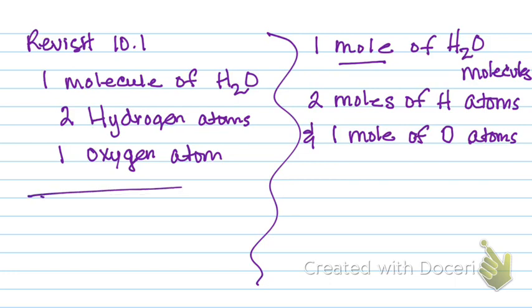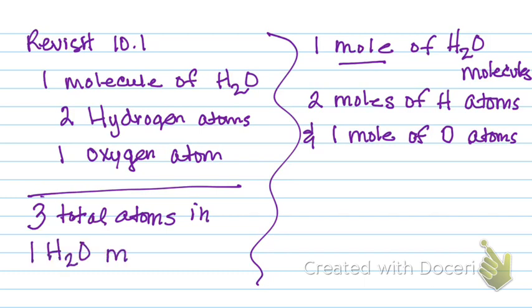Now, let's go back to this first side here. How many total atoms do I have in 1 molecule? I have 3 total atoms. That doesn't look like a 3. I'm going to fix that. Okay, so I have 3 total atoms in 1 H2O molecule, right?